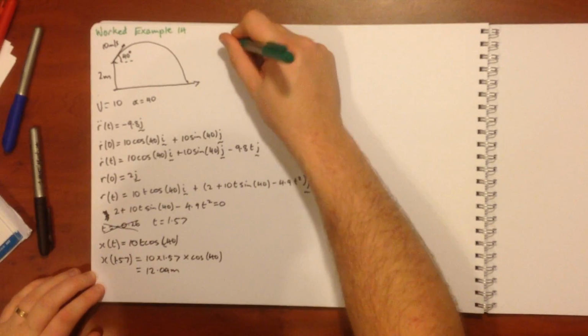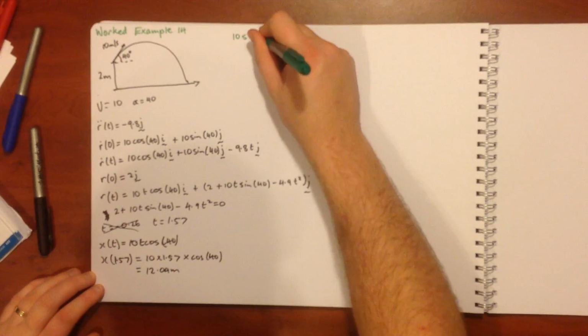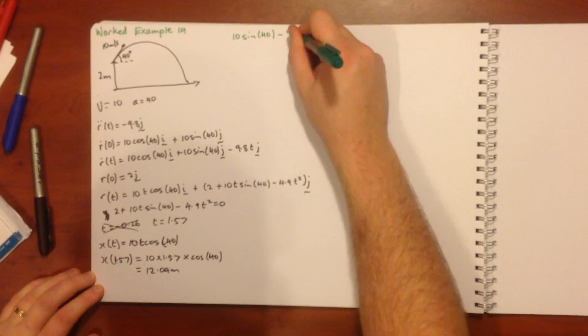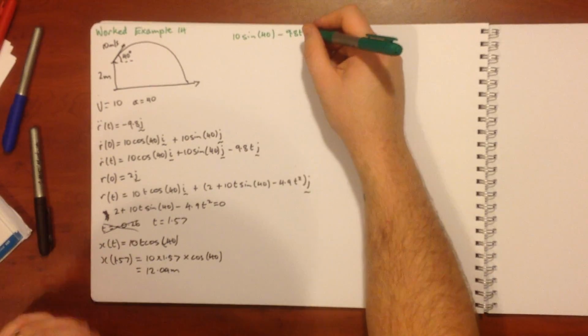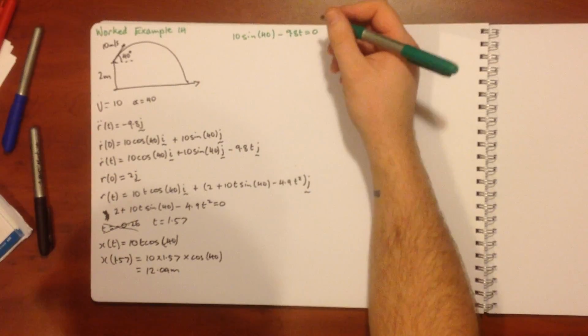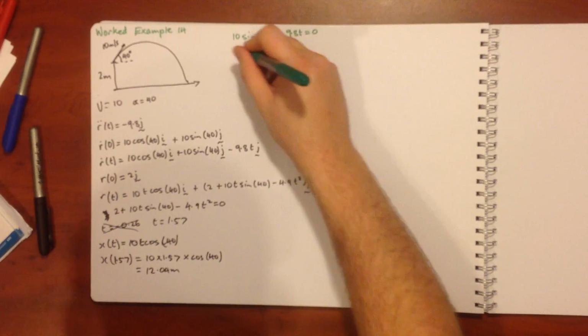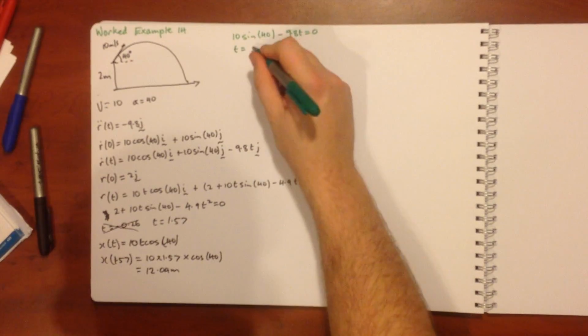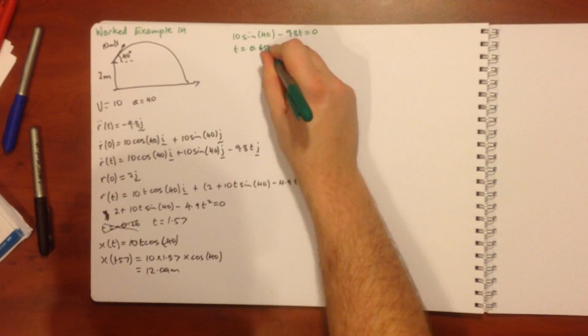So we can say our 10 sine of 40 minus 9.8t is equal to 0. Okay, so that means that we get t to be a value of 0.656.